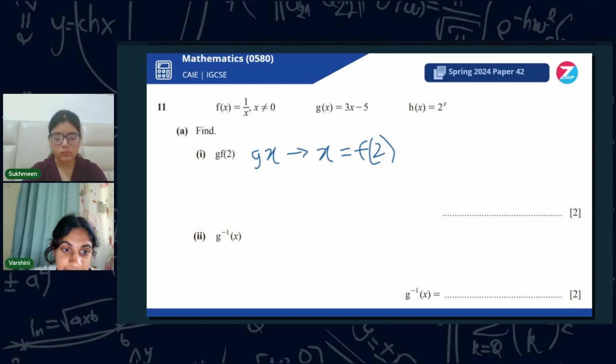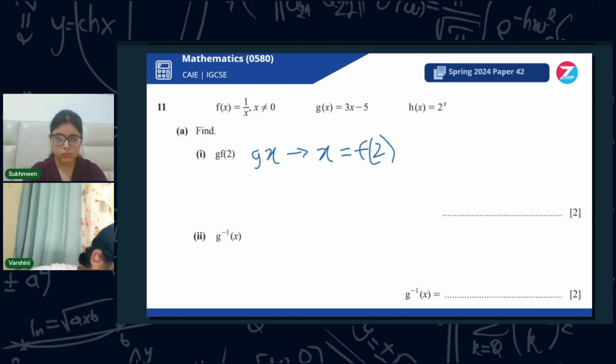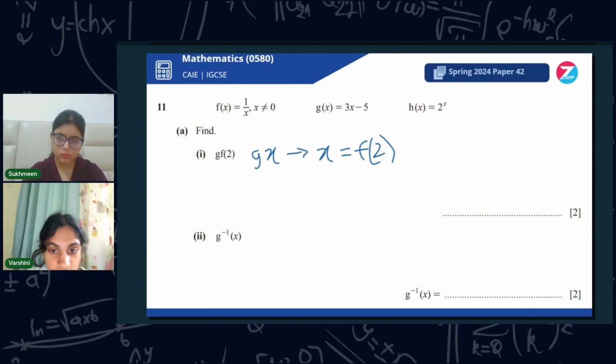What we need to do now is substitute f of 2 inside our g of x. So first let's find f of 2. f of 2 is going to be equal to where we substitute 2 inside our f equation. That's going to be 1 by x, and x over here is 2. That's 1 by 2.